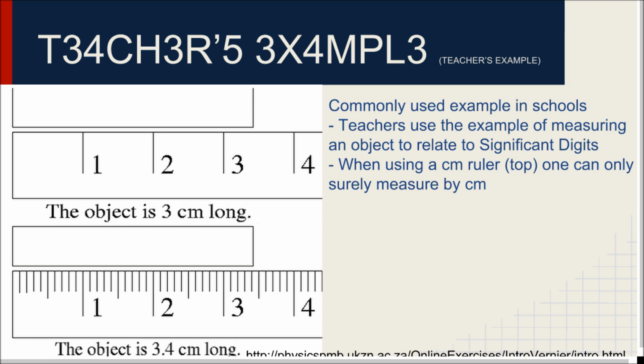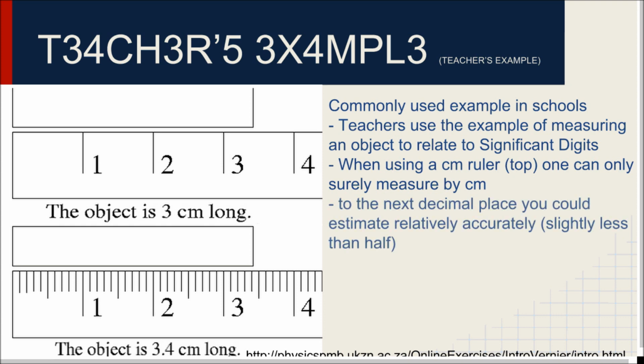You can clearly say that it's between 3 and 4 centimeters, but you cannot say with certainty anything more than that, but you could say with relative accuracy that it is near halfway. And since it looks like it's less than halfway, you could say 3.4, and that is your estimate.